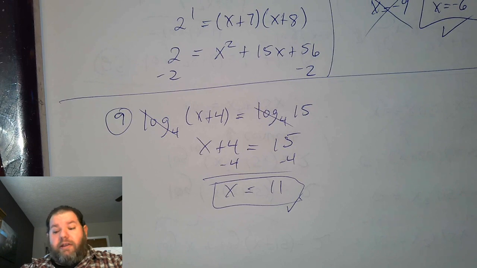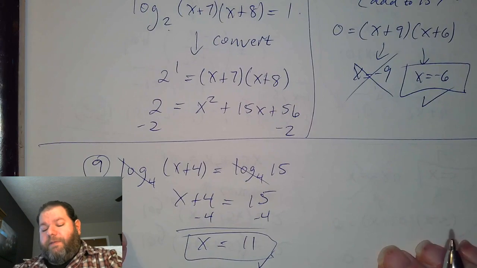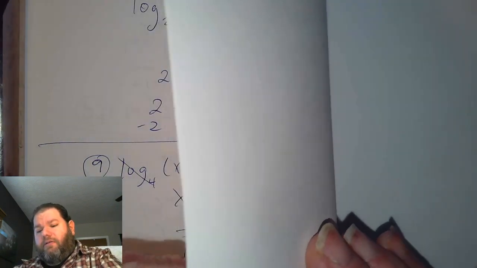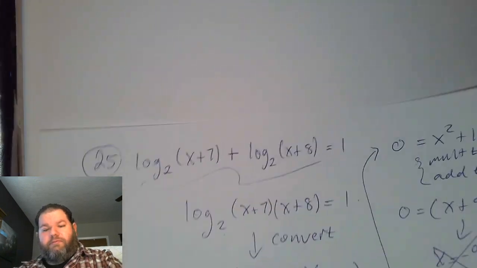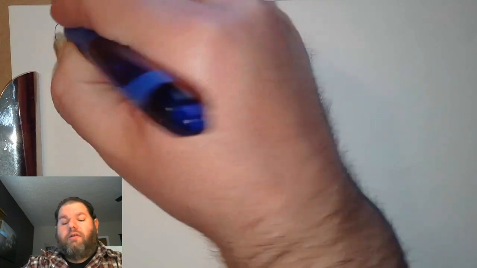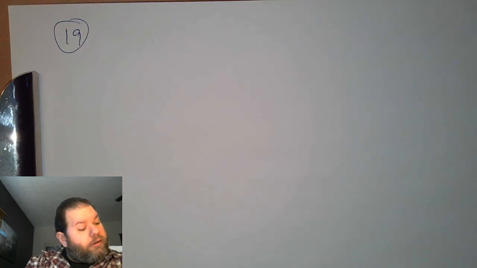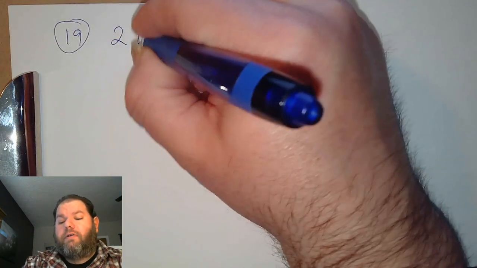Now 19 is quite a bit more involved. I'm going to go to a new page of paper for that. Okay, 2 times log base 6 of x minus 5.